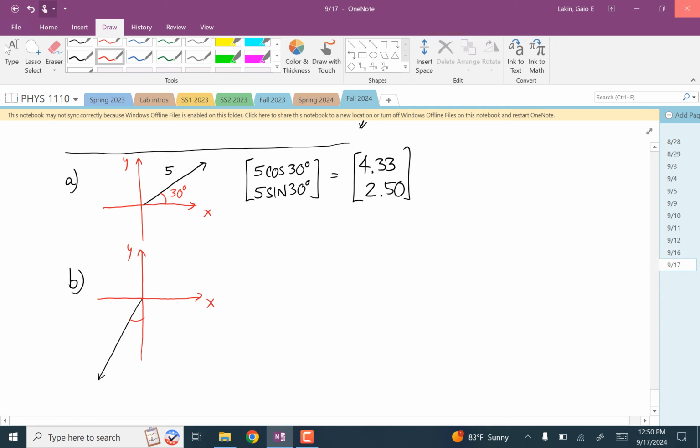And we know this angle is 20 degrees. The magnitude is 10. All right, so we have to figure out how far we have to go from the x-axis counterclockwise to run into that vector. So start here, and you go 90 to get here. And then we have to keep going.